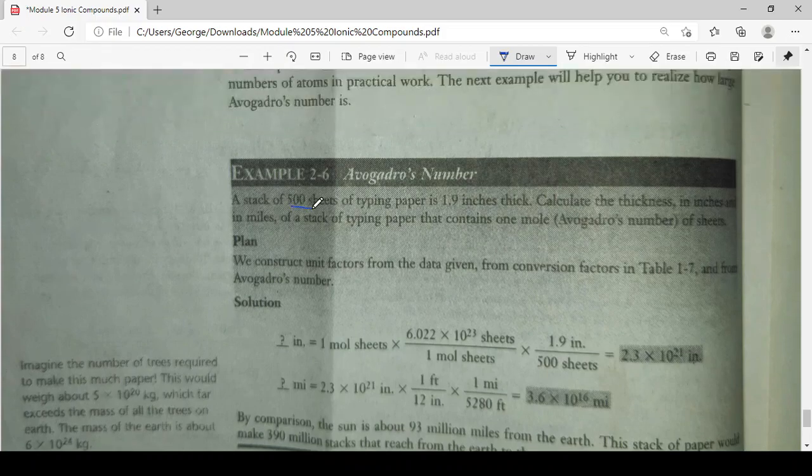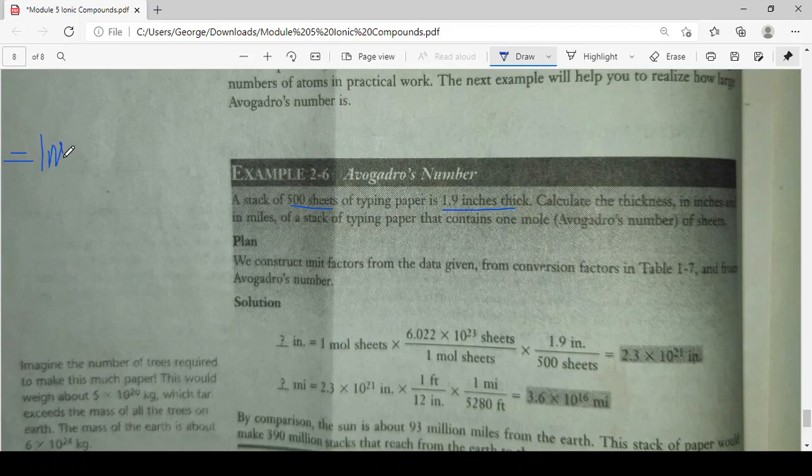So we are given 500 sheets and its thickness of 1.9 inches. First, to find your moles, we are given 500 sheets and 1.9 inches thick. It is equivalent to 1 mole of your sheets. Don't worry, kids, I will not ask this of you, this is just an example for you to know.